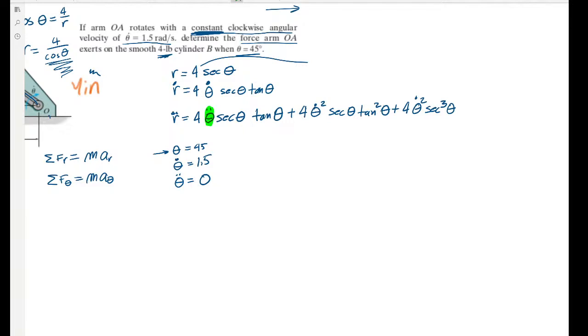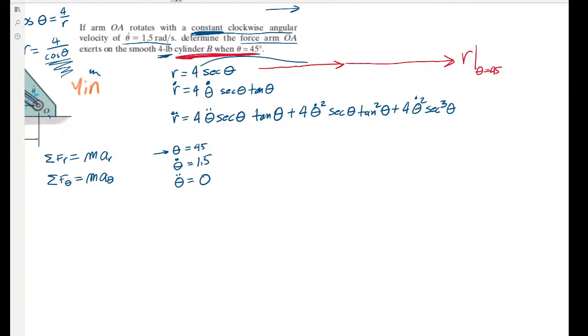So, let me rephrase this and change the way I'm actually saying this. Now, what I need to know from this is r evaluated at theta equal to 45 degrees, because this is what he asked for.